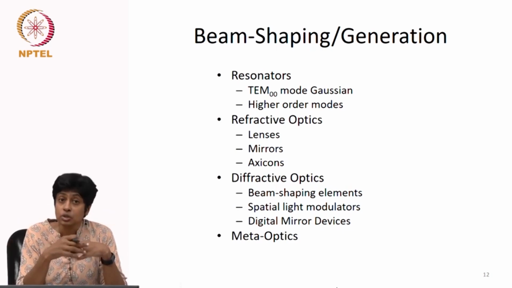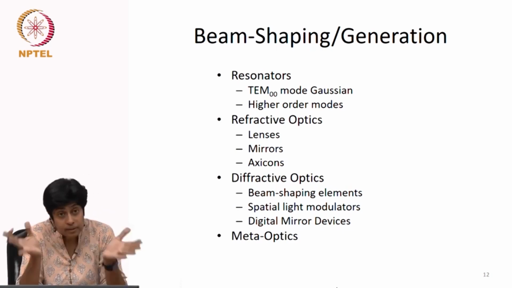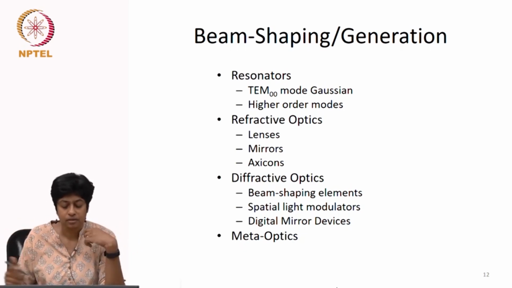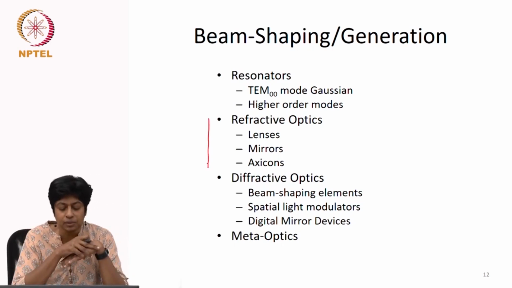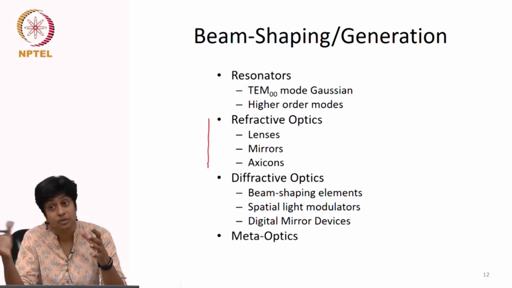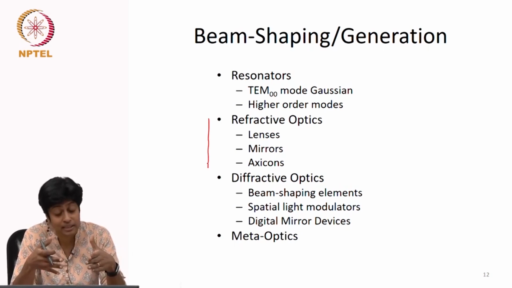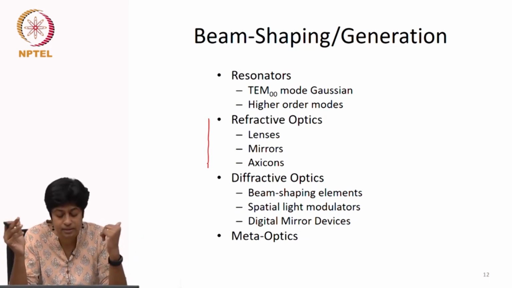But we can also use it, and if we look at all the beam shaping techniques available to us, you have seen that refractive optics is what we have spent most of this course talking about. You also have resonators. The way the light comes out, it comes out Gaussian from a source. That is because of the resonator in the laser. So that itself can be thought of as a beam shaping device.